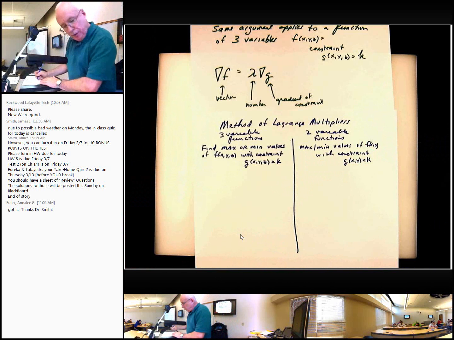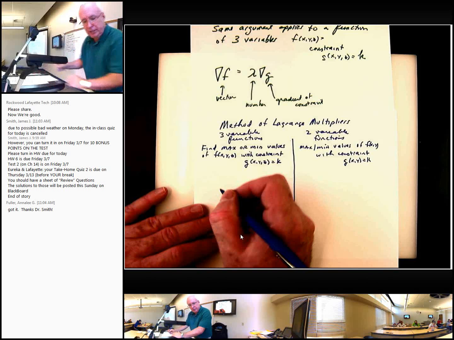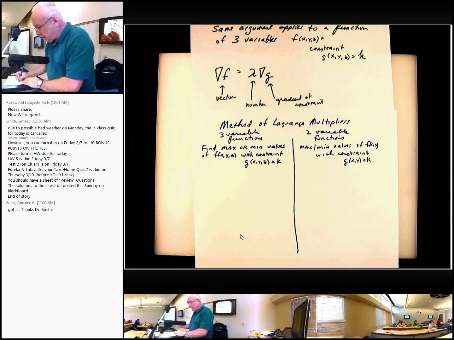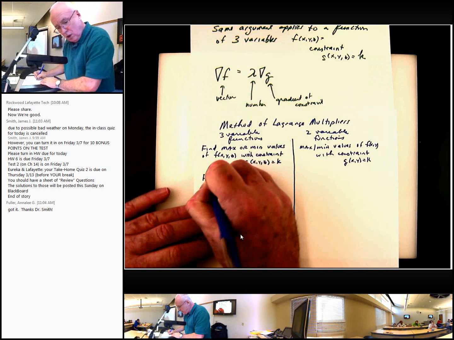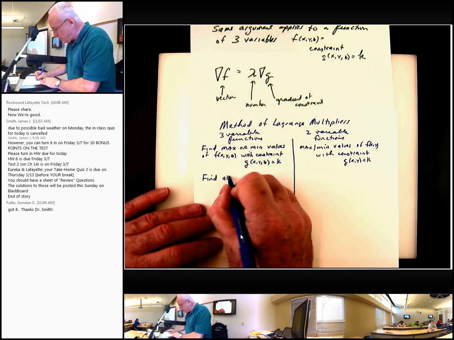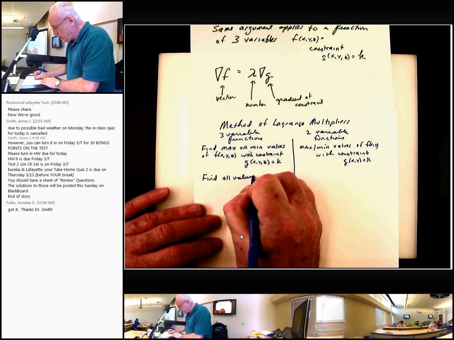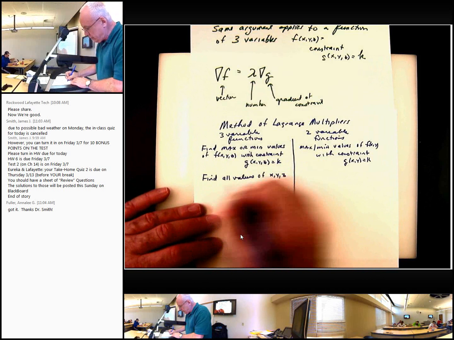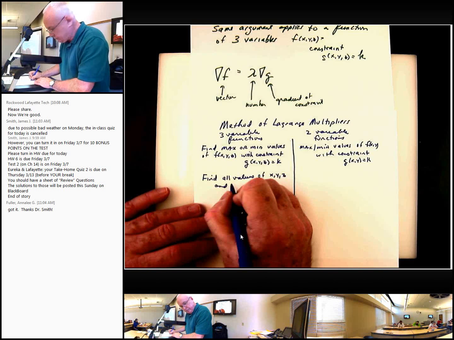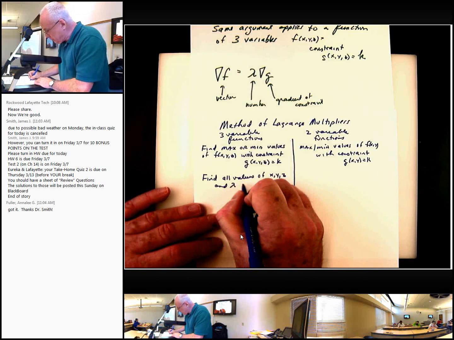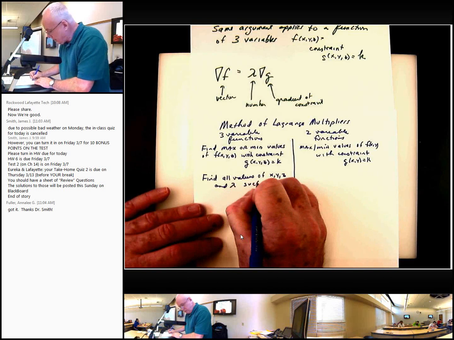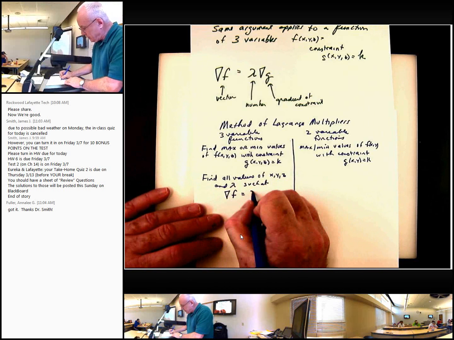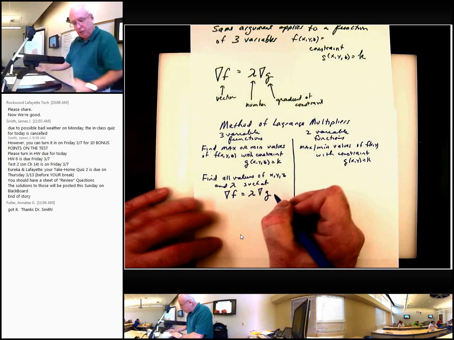Now, the first process is this, and this is the hard part. For the 3 variables, find all values of x, y, z, and lambda such that the gradient of our f function equals lambda times the gradient of the g function.